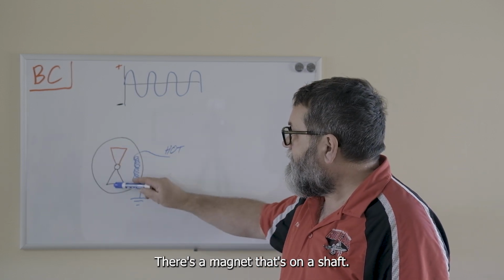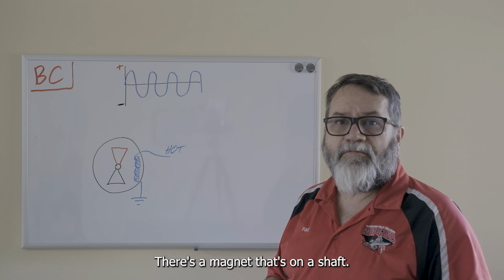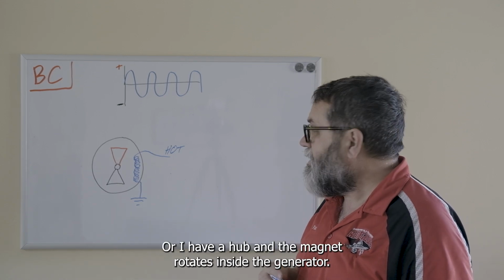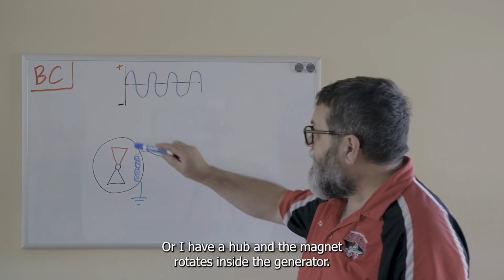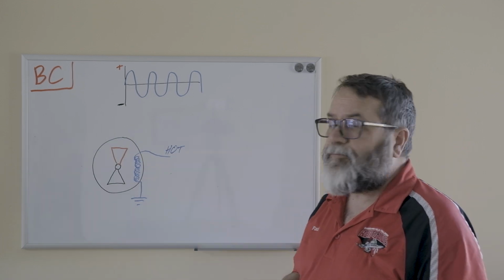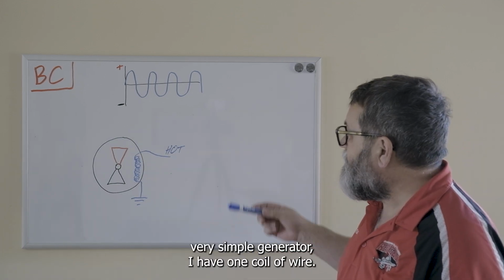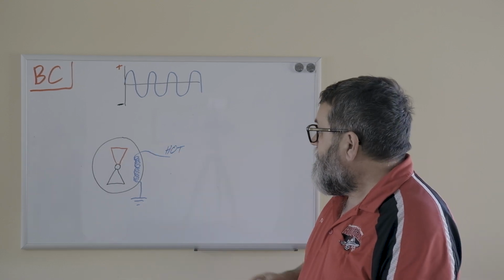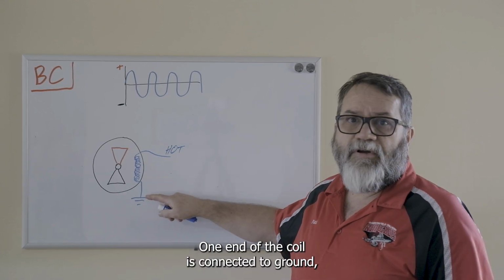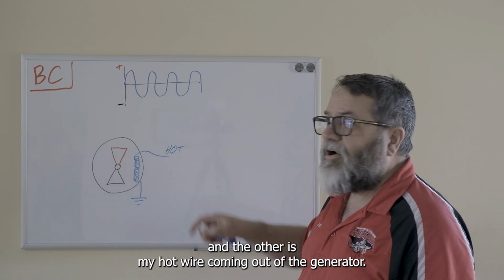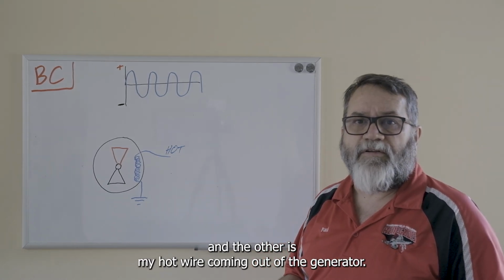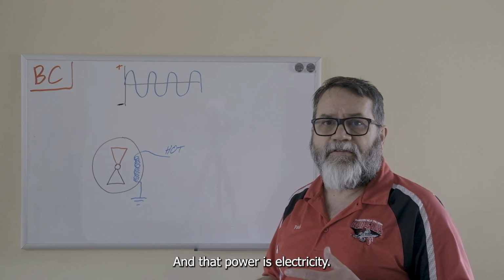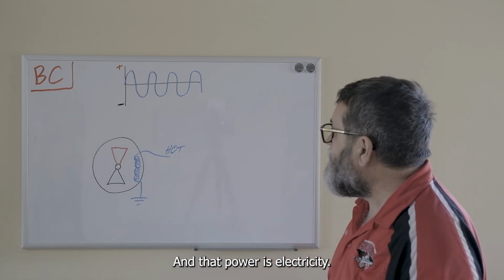Inside there's a magnet that's on a shaft or a hub, and the magnet rotates inside the generator. And then in my very simple generator, I have one coil of wire. One end of the coil is connected to ground, and the other is my hot wire coming out of the generator, and that goes to the grid, and that powers electricity.